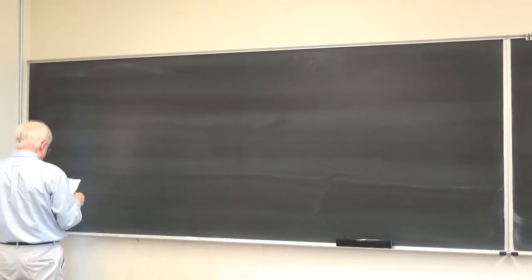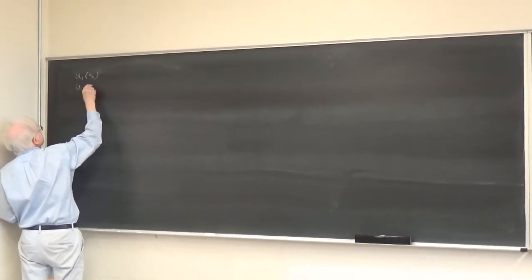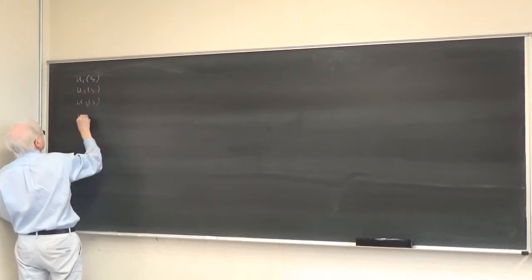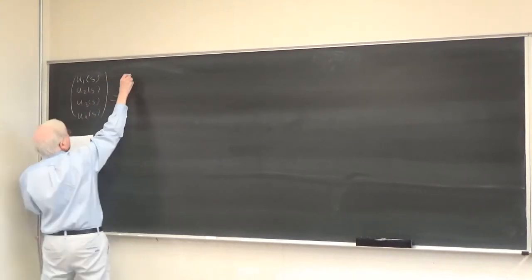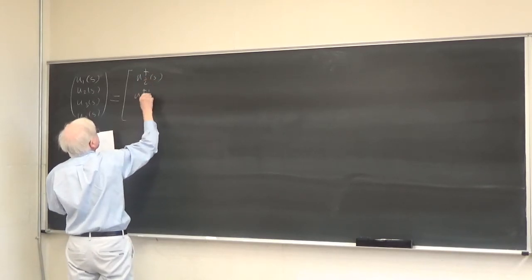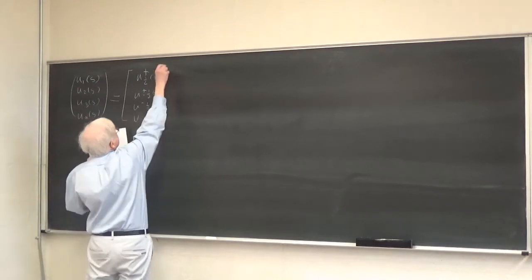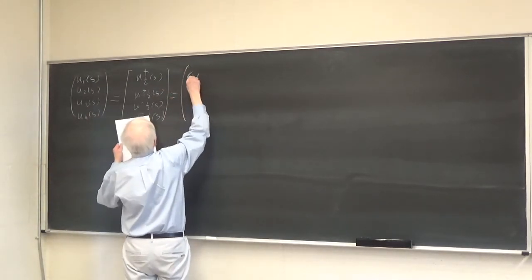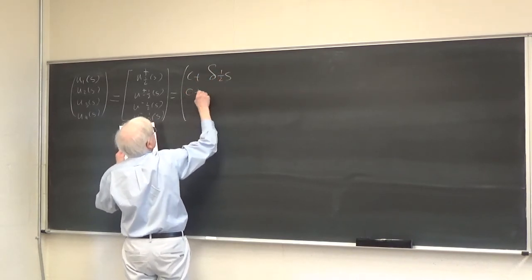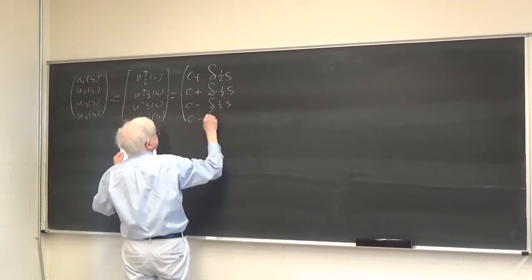U plus or minus, M S is C plus or minus, delta M S. So what that tells us is that this thing that we had, U1 S, U2 S, U3 S, U4 S, was U plus a half of S, U plus minus a half of S, U minus a half of S, U minus minus a half of S. And this then is C plus delta a half S, C plus delta minus a half S, C minus delta a half S, C minus delta minus a half S.